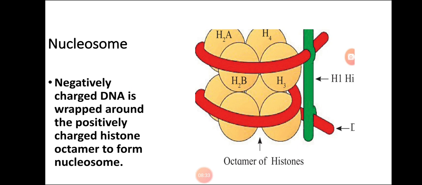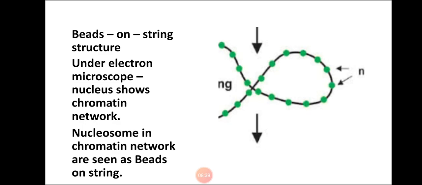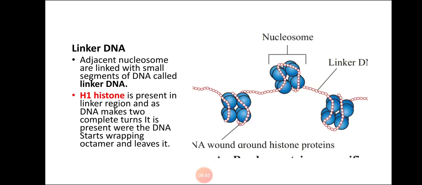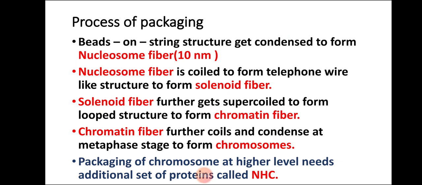Negatively charged DNA wrapped around the positively charged histone is called the nucleosome. Under an electron microscope it appears like a beads on string structure. When two nucleosomes are attached, it is with the help of a small segment of DNA called linker DNA. Then the final process is beads on string structure condensing into nucleosome fiber, coiled into solenoid fiber, supercoiled into chromatin fiber, and chromatin fiber coils and condenses into chromosome. This is all about packaging of DNA in eukaryotic organisms. Thank you.